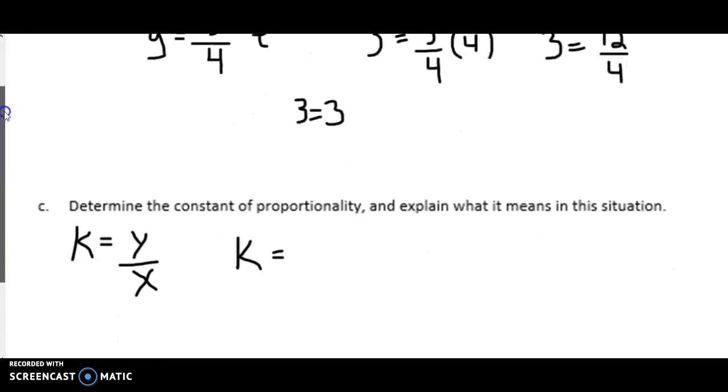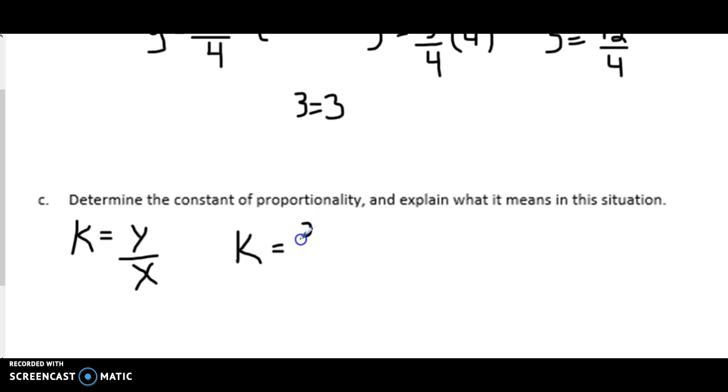So I know that my constant of proportionality is 3 over 4. Now I have to explain, what does that actually mean?